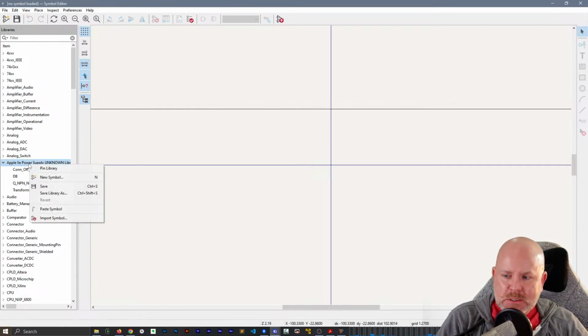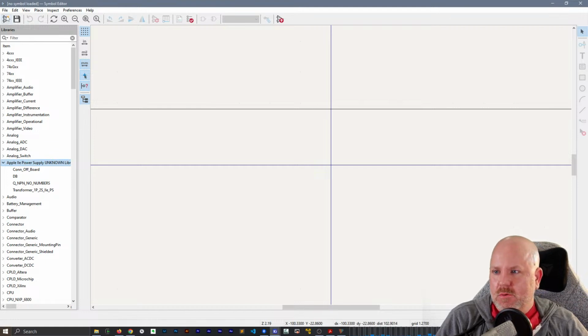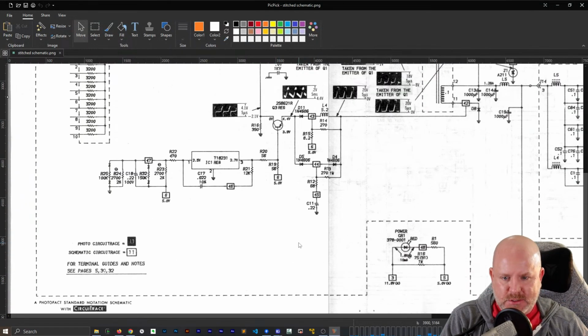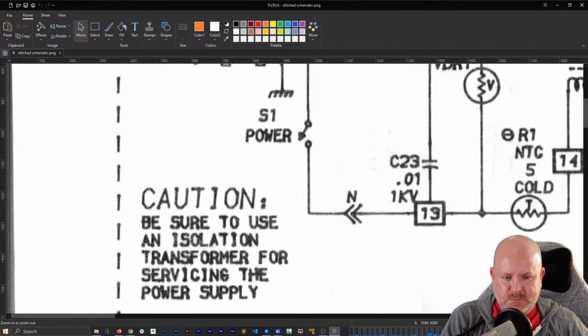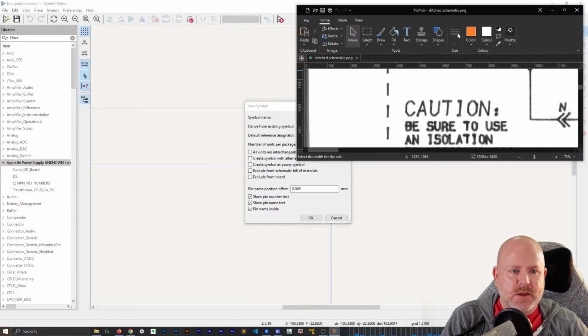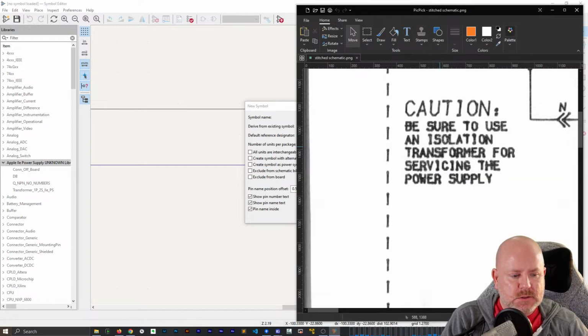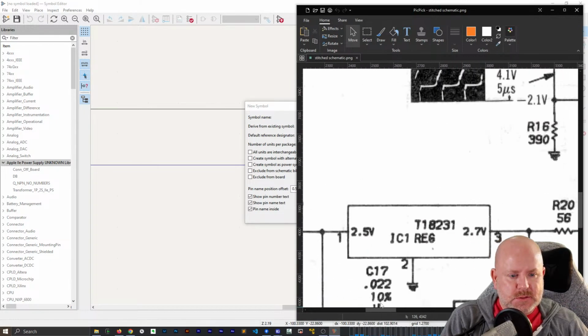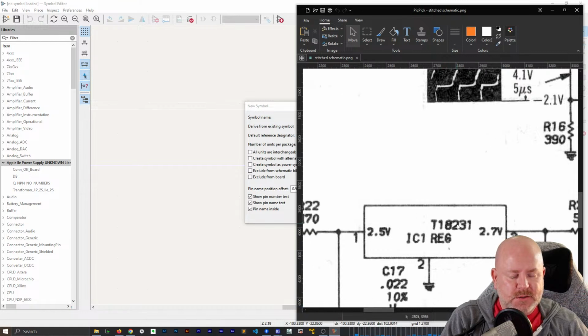So we're going to create a new symbol called a T1823. Let's close this because that's going to get confusing. Make sure that's what it's actually called. Whoa. Actually, we just need to put that over here. All right. And then, yeah, it's a T18231.